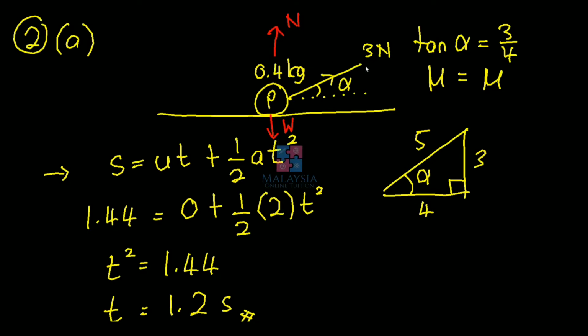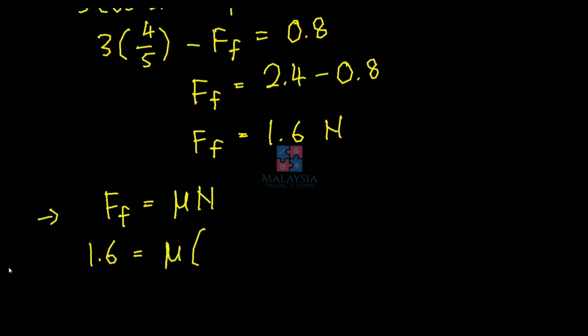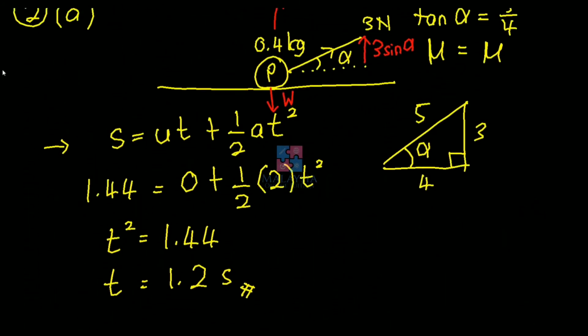Please don't forget that the force of 3 Newton also contributed to the upward force. So that means this will be 3 sine alpha. So your normal force n plus 3 sine alpha equals w. That is what we are going to write as the component of your force in the y direction. W is the weight of the particle, which is 0.4 times 10.